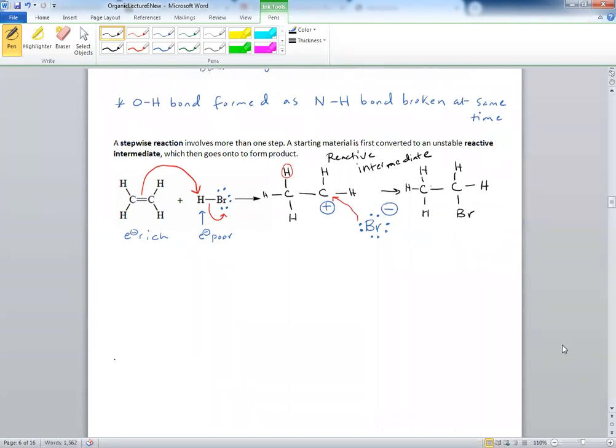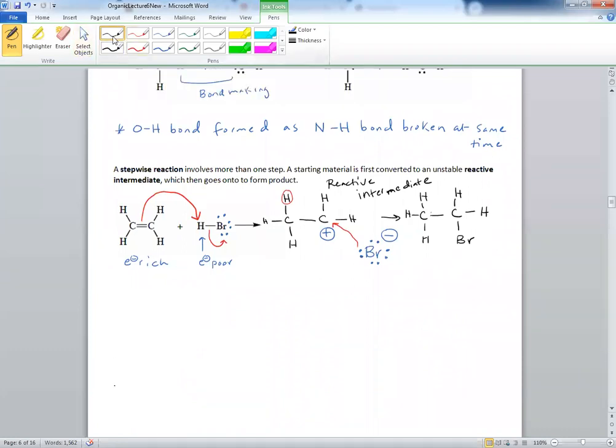Very well. So let's look at what happened in the first step. In the first step, this is step 1. And of course, this is step 2. In step 1, what happened was that you had a Bronsted-Lowry, we're just going to call them Bronsted acid-base reaction.